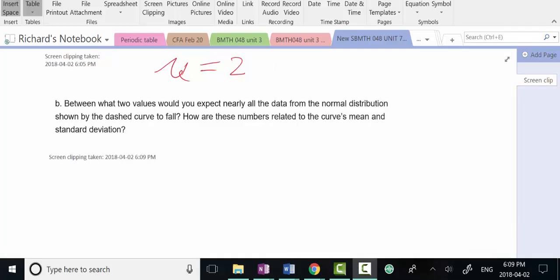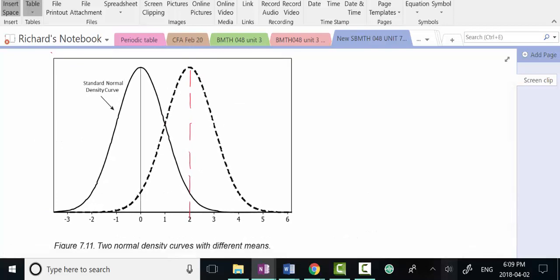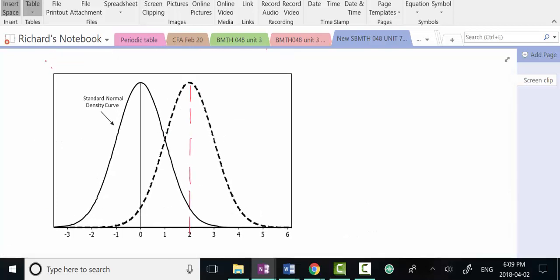Now, between what two values would we expect nearly all the data from the normal distribution shown by the dashed curve to fall? Let's take a look at the curve. Here's the dashed curve. So basically, -1 out to 5. Almost all the data for the dashed curve is going to fall between -1 and +5.